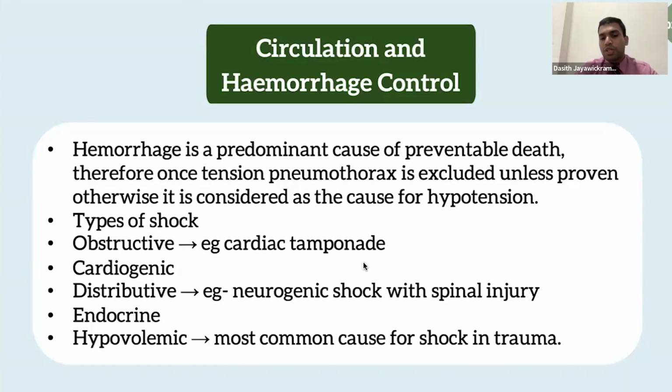Hypovolemic shock is the most common cause of shock in trauma, followed by obstructive shock. I put these types of shock here just to talk about it, so you get a small idea, because this is an important topic, even though endocrine and distributive shock are not very relevant to the ATLS part.